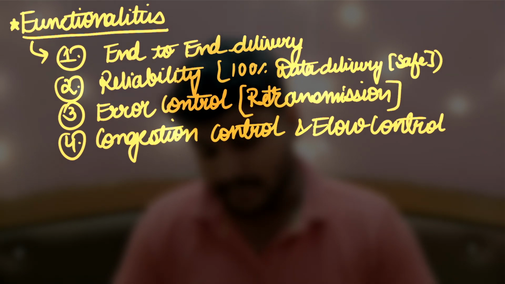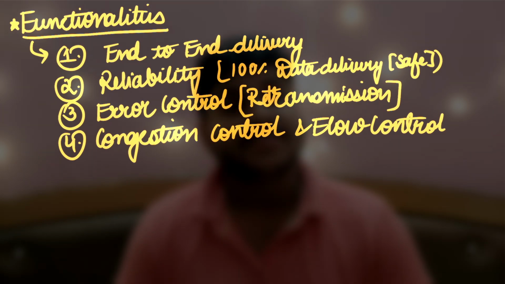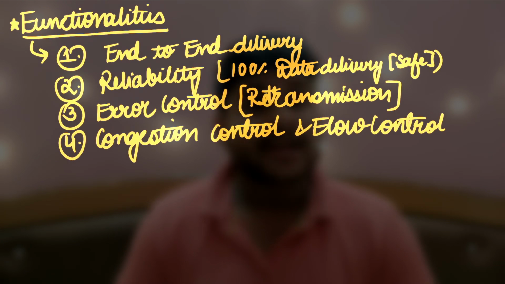For example, let us consider there's a sender who is sending the data very fast, but the receiver is not able to receive the data at that speed. So what happens? The data buffers overflow. That is a problem. So how does the transport layer handle this? It handles this by using congestion control and flow control.